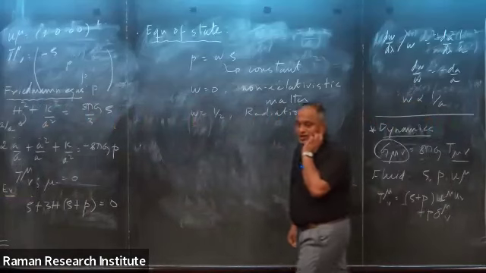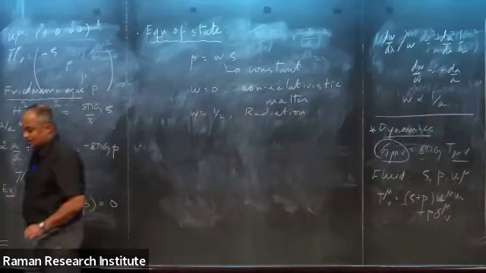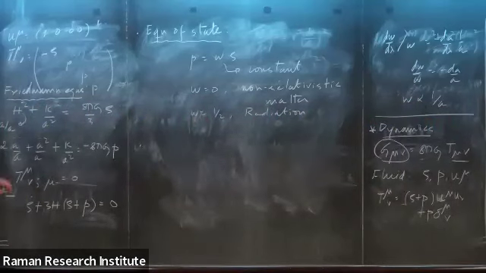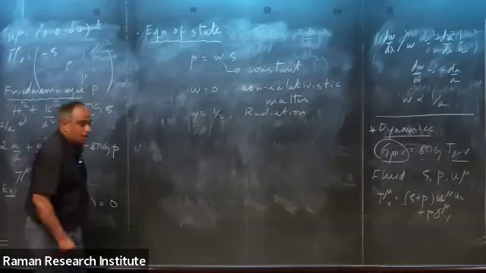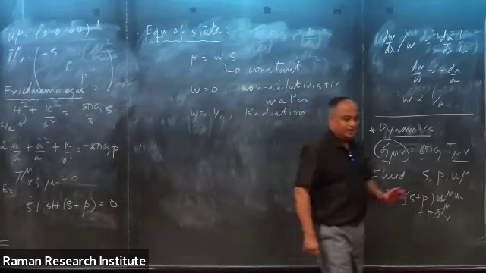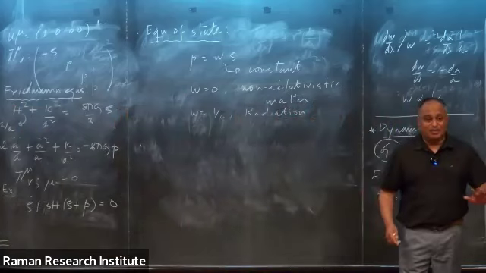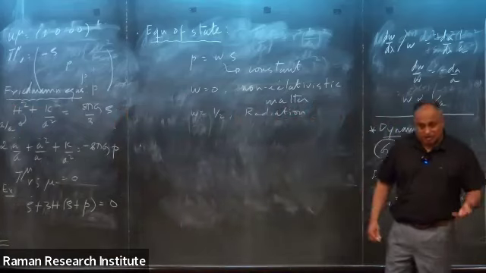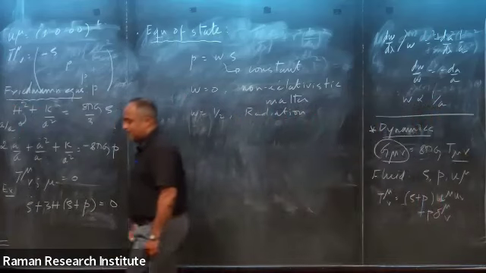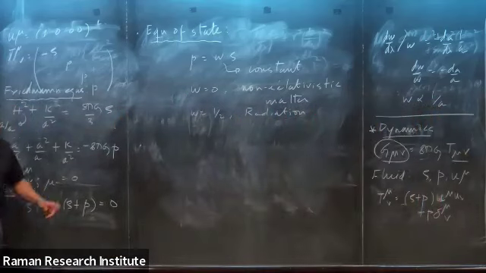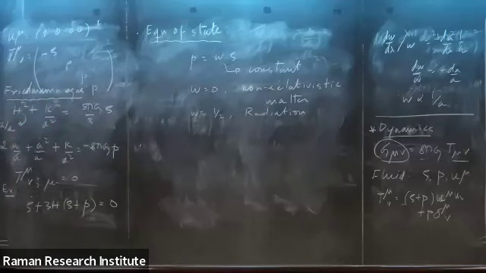For all our discussion here, we are going to assume that the universe is spatially flat. There are reasons to believe it. The CMB data points to a spatially flat universe. Whether there are deviations from it is being examined, but many people believe that CMB data points to a spatially flat universe. I will state that point in a slightly different fashion as we proceed.